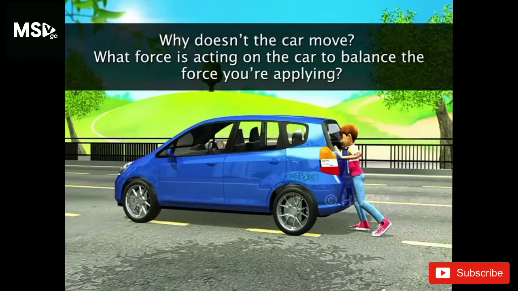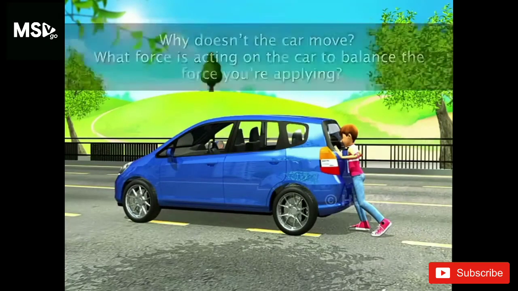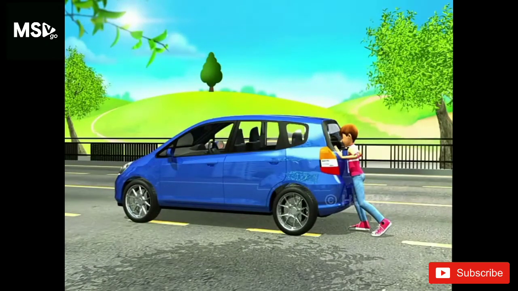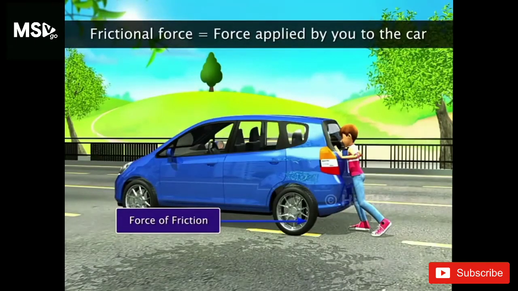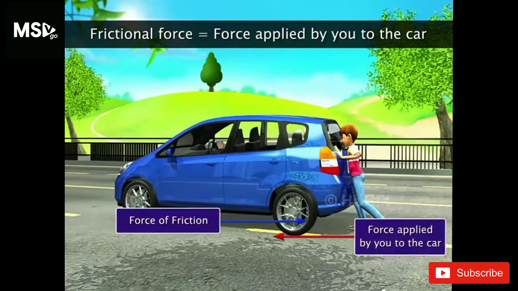What force is acting on the car to balance the force you're applying? The car doesn't move initially because of the force acting between the surfaces of the wheels and the road. The force that acts between two surfaces in contact is called the frictional force. Thus, frictional force balances out the force you apply to the car.